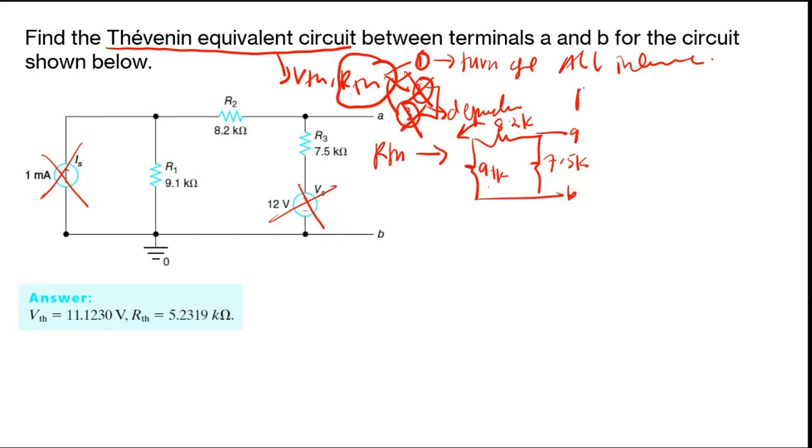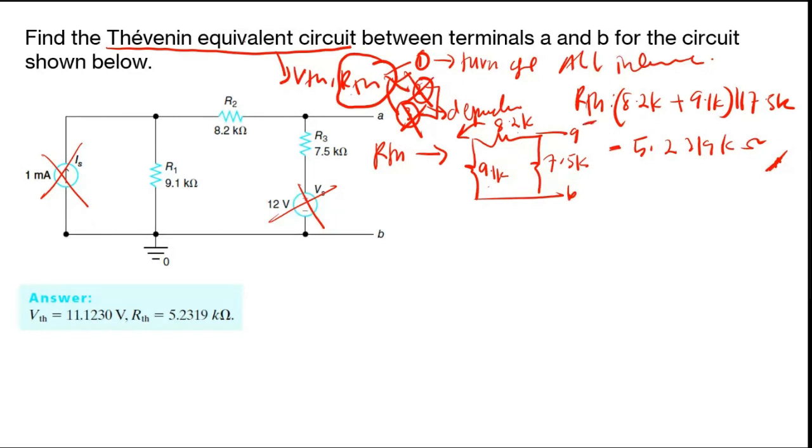So your RTH is equal to 8.2K plus 9.1K, and then parallel with 7.5K. When you calculate, you will have the value 5.2319 kilo ohm. So this is the value for your RTH.